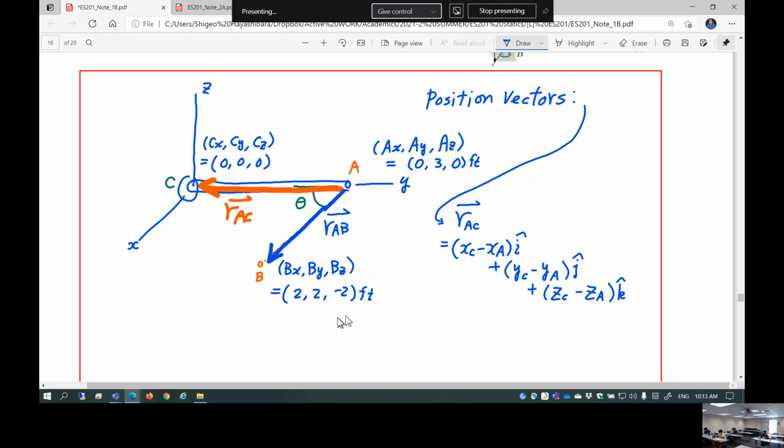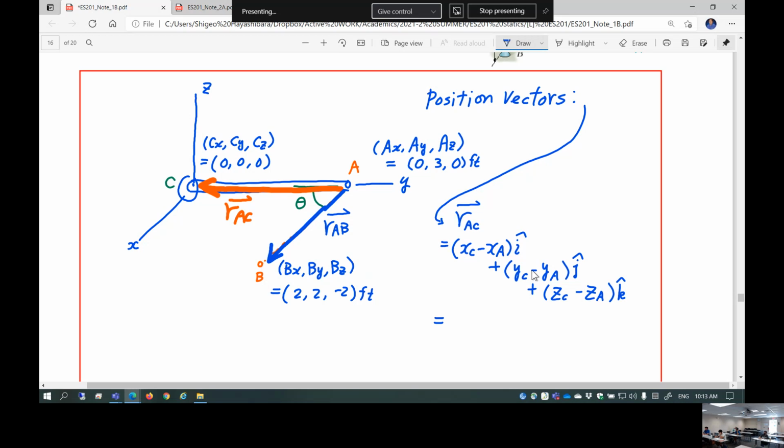Hopefully, I'm going to employ it consistently throughout this semester. That means I'm calling this position vector RAC because this is the position vector from A to C. However, if you want to find the vector itself, you have to reverse it, and do C minus A.